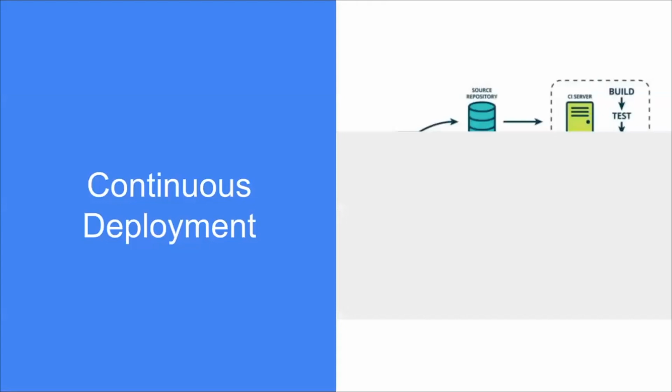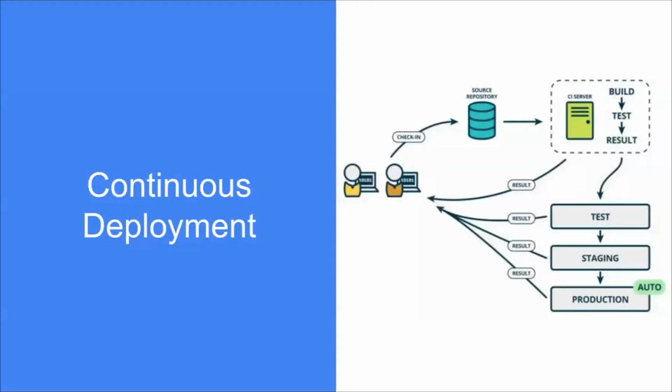Now the next part is continuous deployment. Generally, we talked about CI, right? As soon as code is committed, we do the testing and everything, and the result gets written back to us. Further on is continuous deployment.